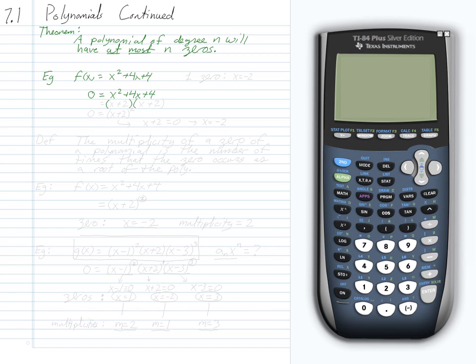You'll notice that this is a perfect square trinomial, so I can factor this as x plus 2, x plus 2, in other words, x plus 2 quantity squared. So if that's equal to 0, this implies that x plus 2 equals 0, so x equals negative 2. So this particular polynomial has one zero. And that's okay. We're allowed to find 1, we're allowed to find none. And we have seen that in the past. The only restriction is that we're never going to find more than 2.